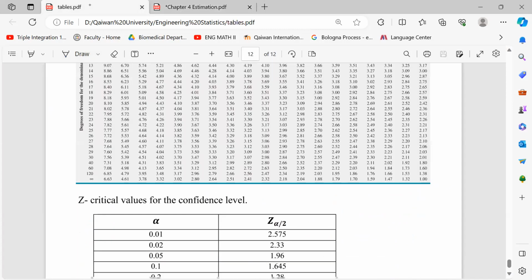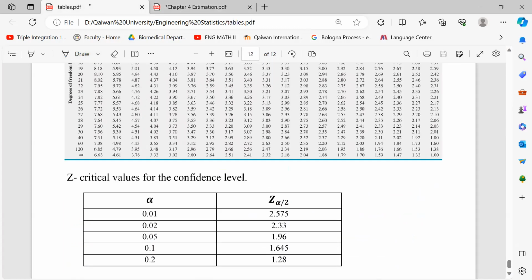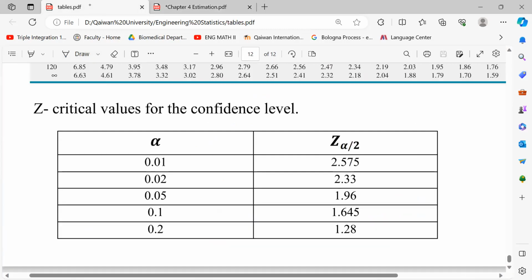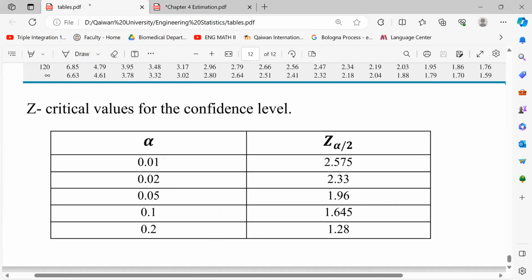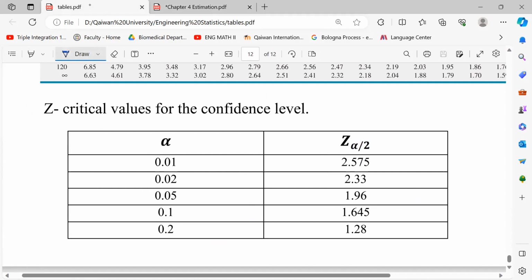Let's return to the table. This table is the Z table, the Z critical value for the confidence level. Okay, it's used only for the confidence level. Alpha is what? 0.05.